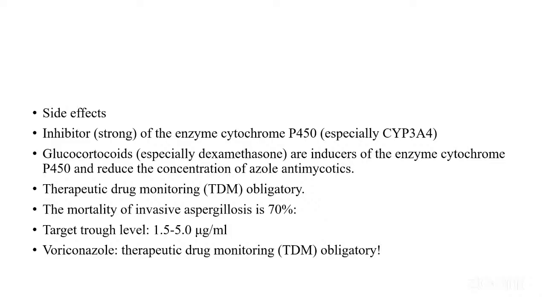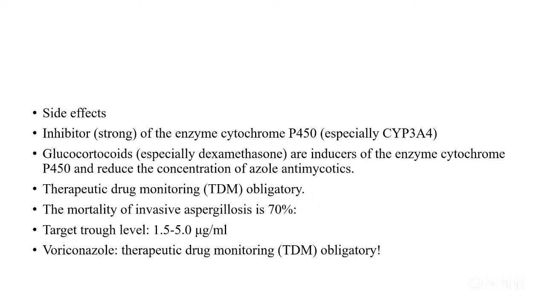Higher doses are needed for cerebral aspergillosis, and second line therapy is nephrotoxic. Side effects are fever, chills, headache, nausea, vomiting, diarrhea, edema, skin rashes, peritonitis, and visual disturbances in 30% of patients, which are reversible.